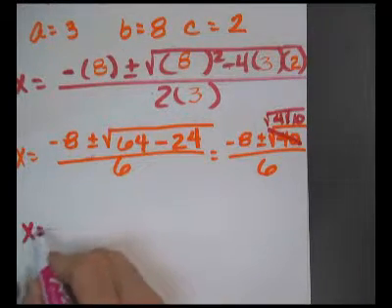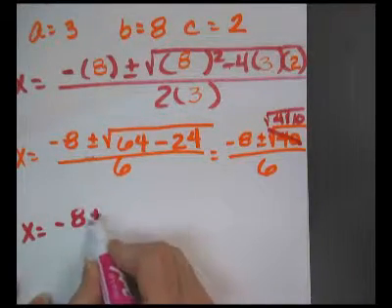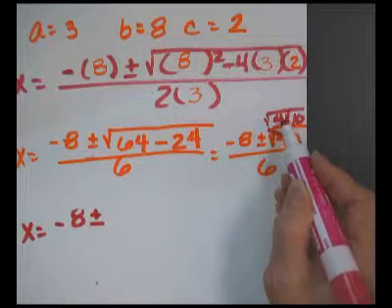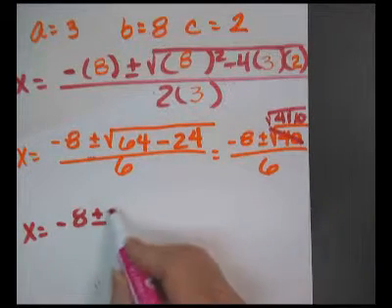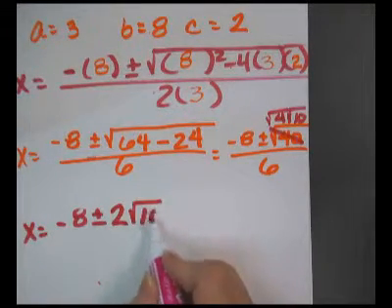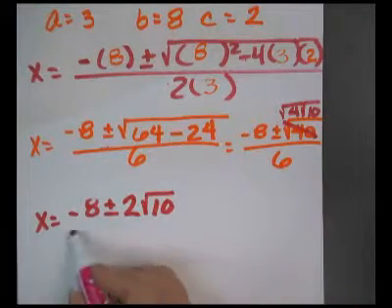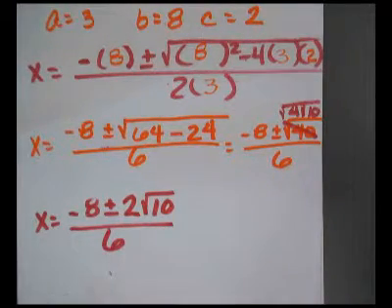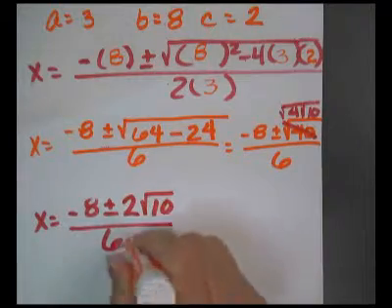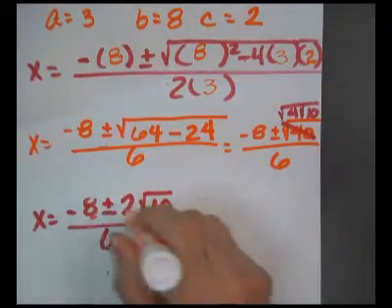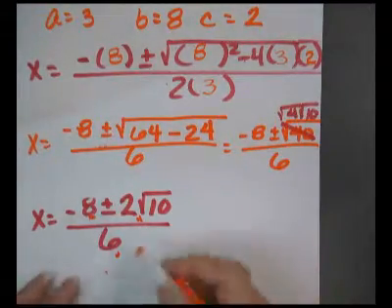So we'll have negative 8 plus or minus. Square root of 4 comes out as what? As a 2. Okay. Do all 3 of these divide by the same number? Divide by 2.